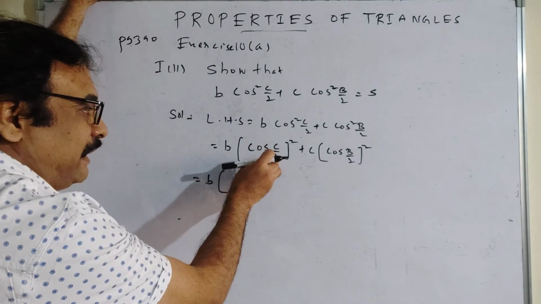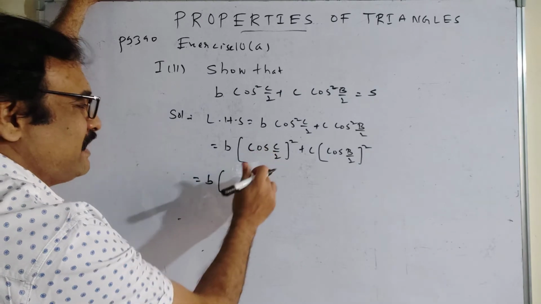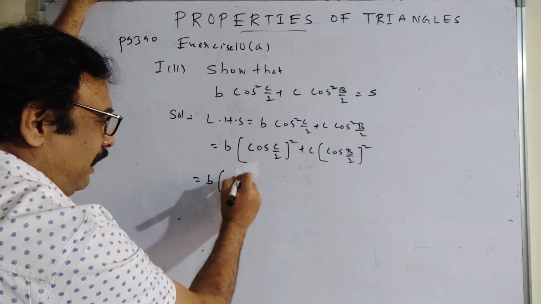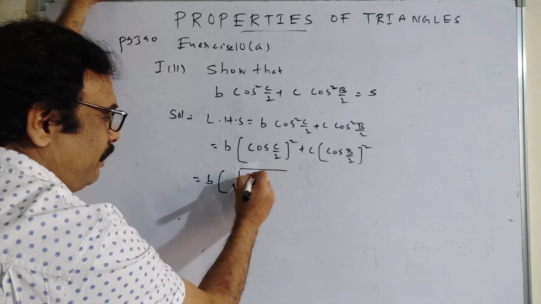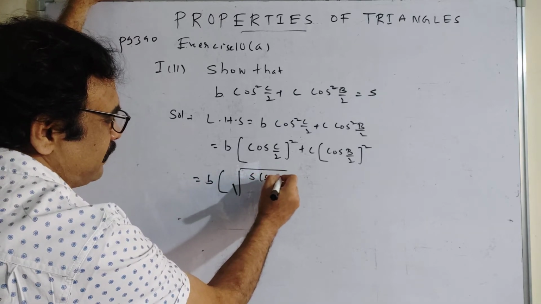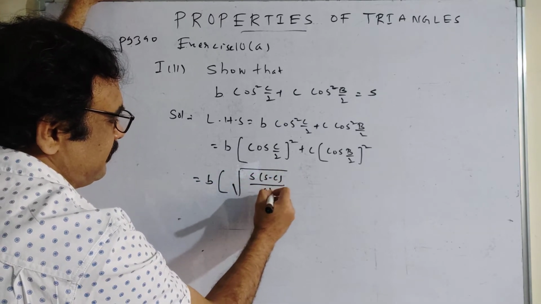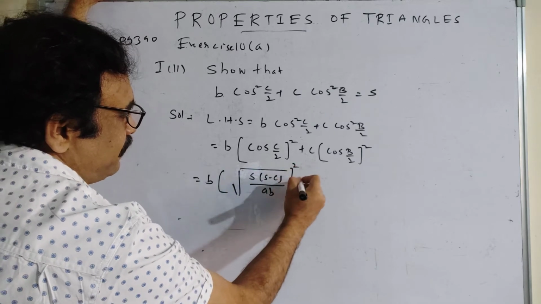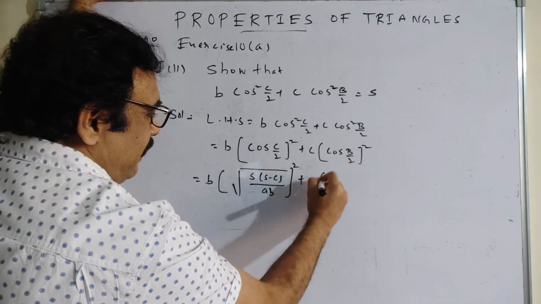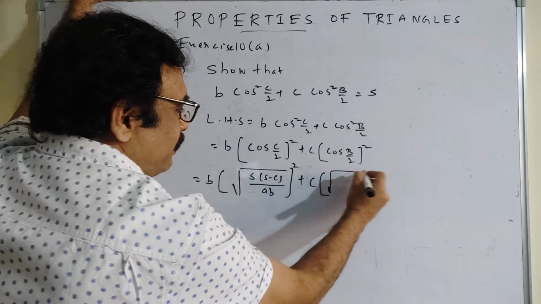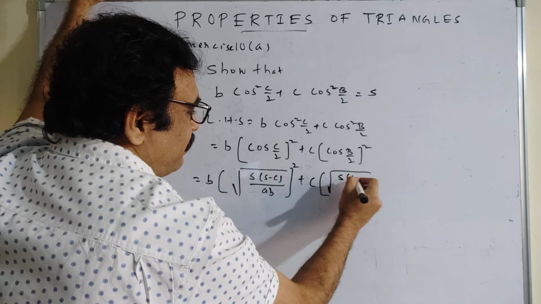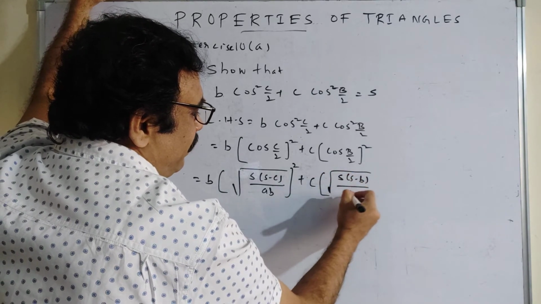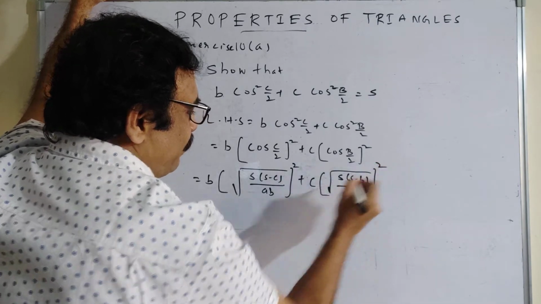We learn in the formula that cos c by 2 is under square root s into s minus c by ab, whole square, and this is c into under square root s into s minus b by ac, whole square.